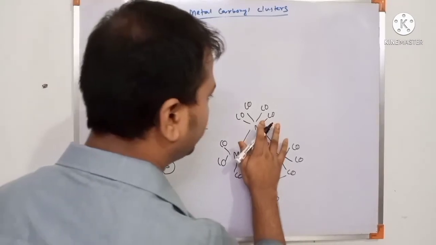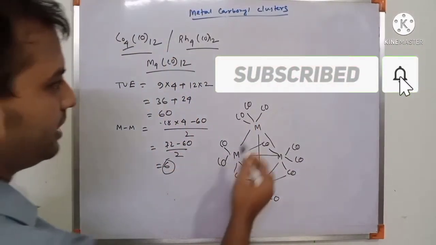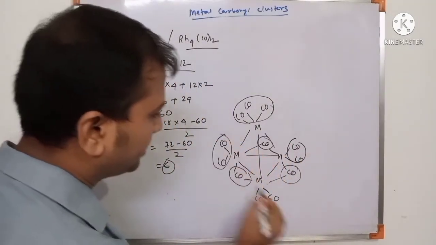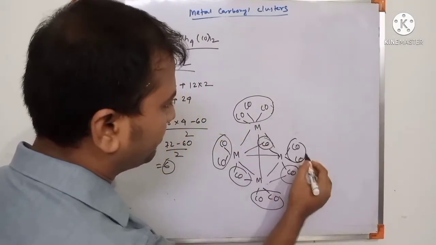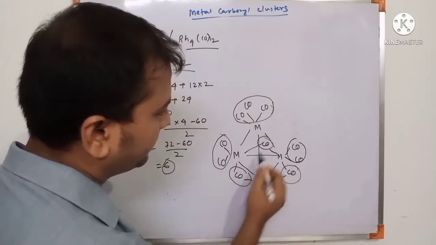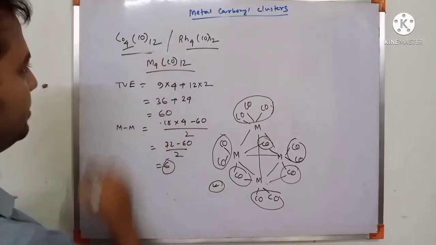So there is 3 carbonyl here. So the structure is metal, there is 3 terminal, 2 terminal, 2 terminal and 2 terminal, 3 to 5, 7, 9, and 3 are bridging. So this is the form of Co4(CO)12.